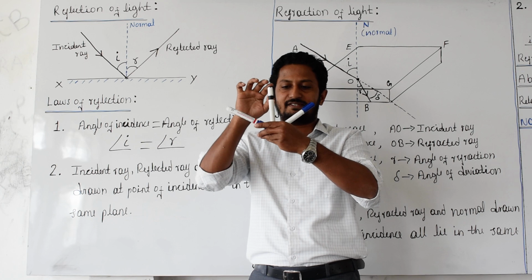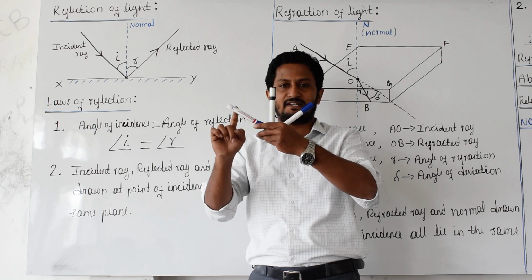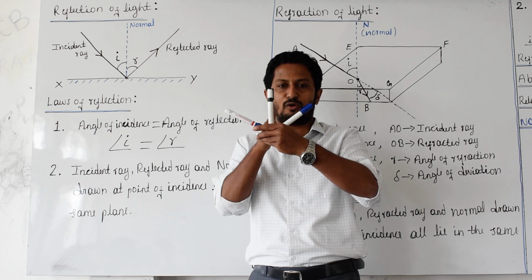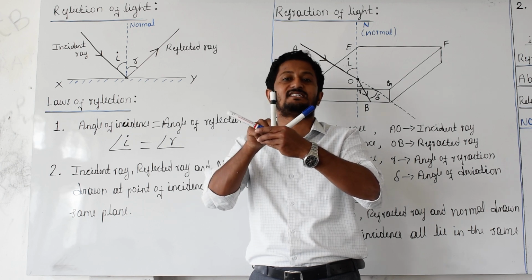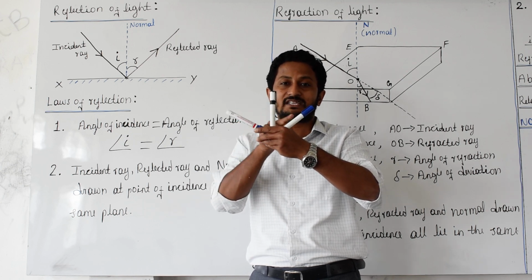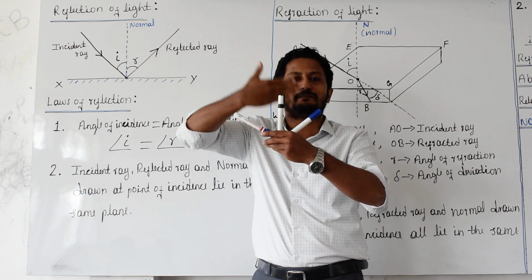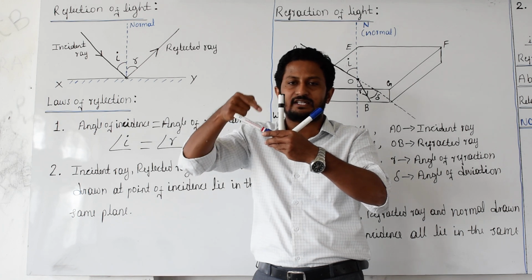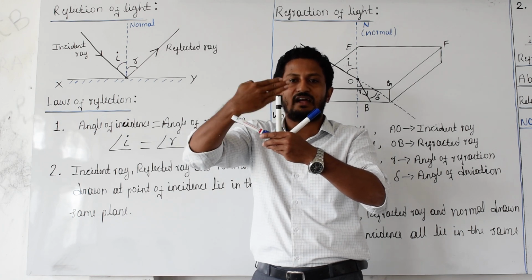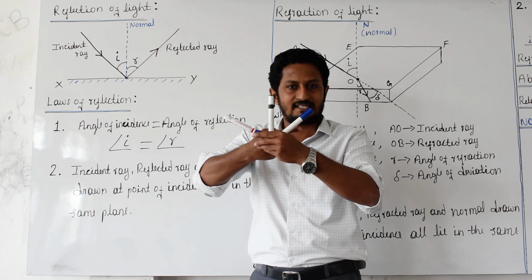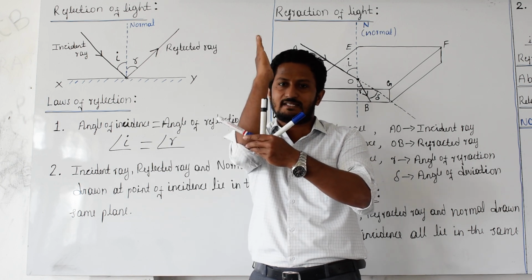All these three lines, the incident light ray, the reflected light ray and the normal drawn at the point of incidence, are lying in the same plane. Right now all three are lying in the xy plane. This is the x-axis and this one is the y-axis.